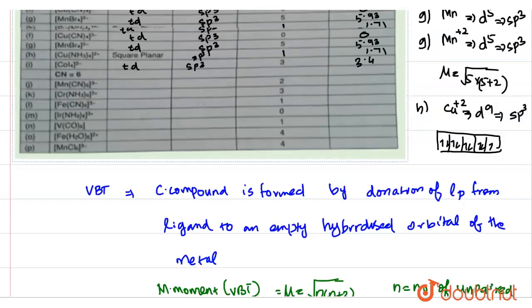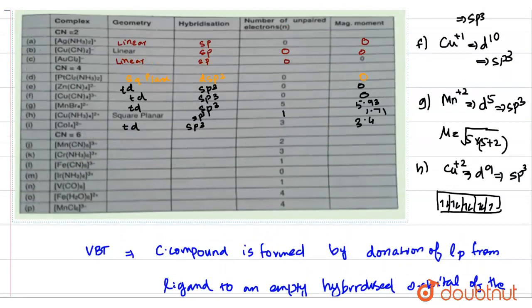So we get d2sp3 hybridization for the Mn nucleus, and it will have octahedral geometry. With 2 unpaired electrons, it will be root 2 into root 4, around 2.83 Bohr magneton will be the magnetic moment.